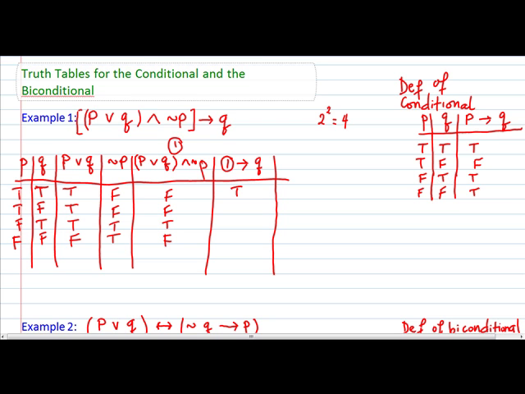And then we have if false, then false, then the whole thing is true. I have this possibility here. And then if true, then true, the whole thing is true.